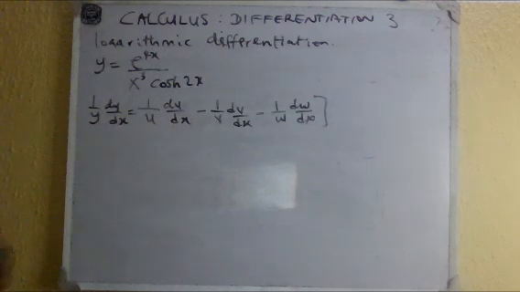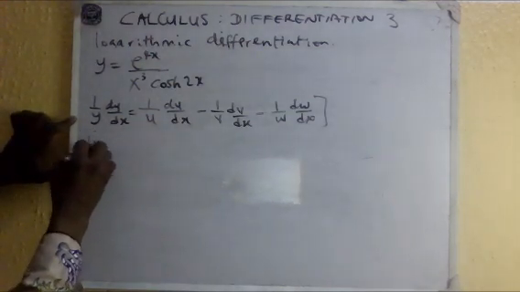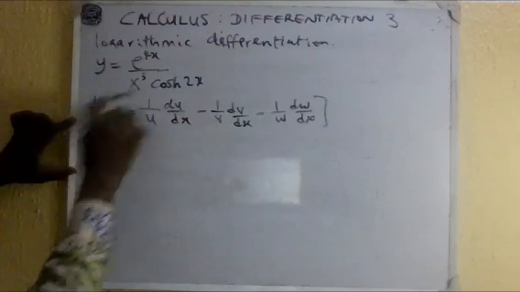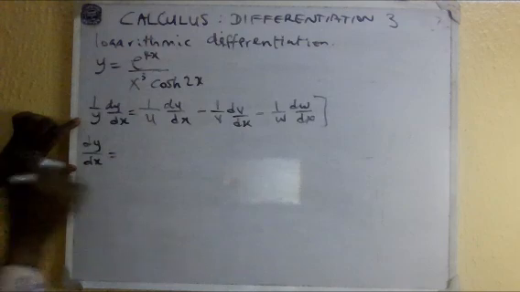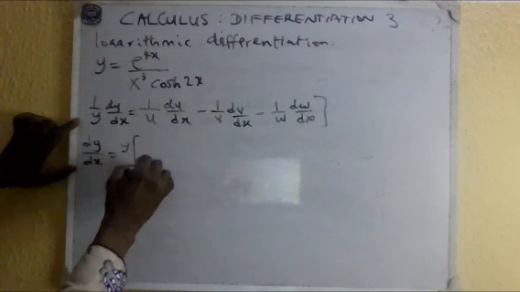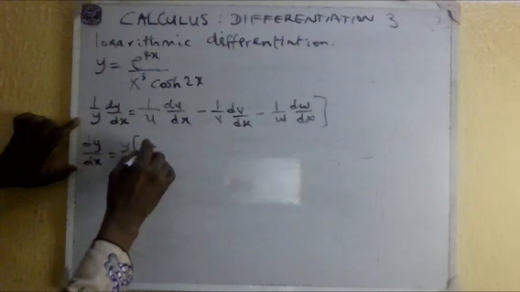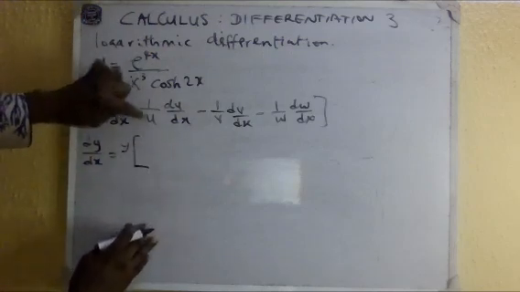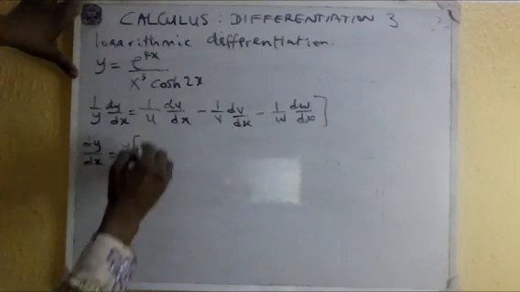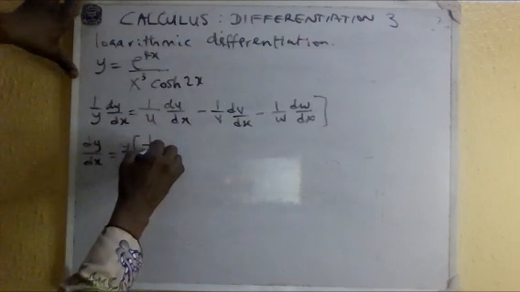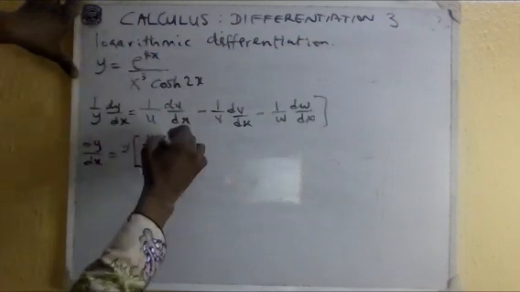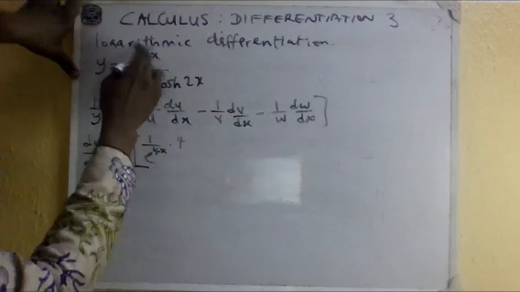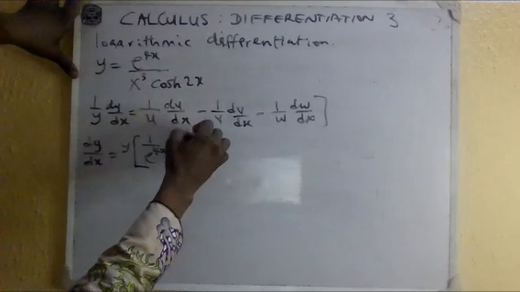So at this point, I will put my dy/dx out here, then take this y to this side, that's multiply both sides by y. That's what I've been doing since. So y outside, okay, let me quickly differentiate now. 1 over u is 1 over e^(4x) dot du/dx. du/dx is 4, this 4 will come down, e^(4x).